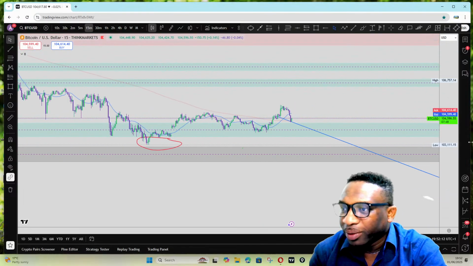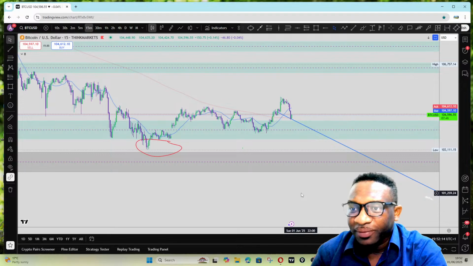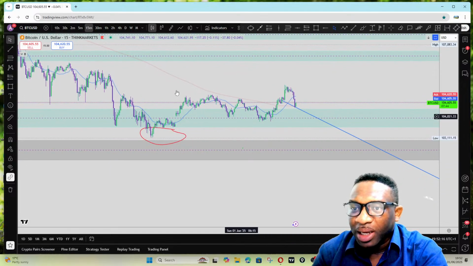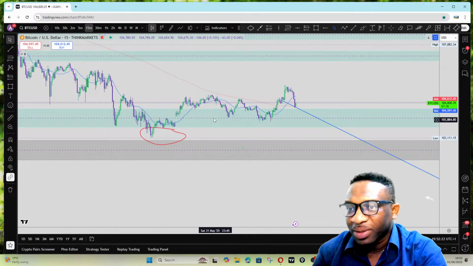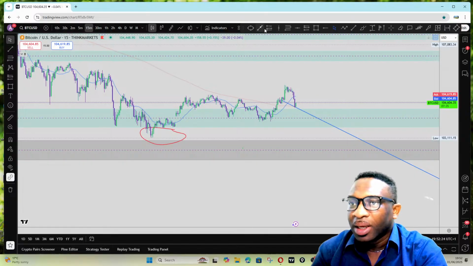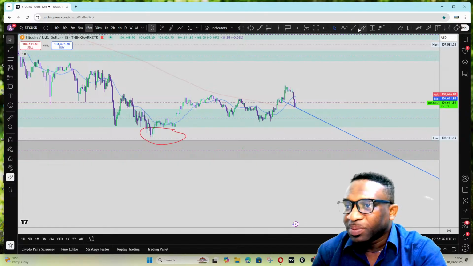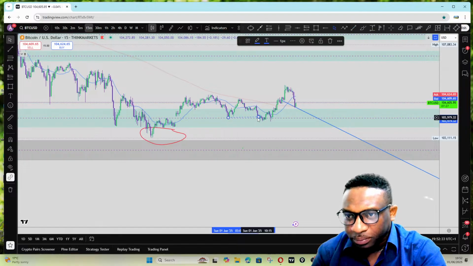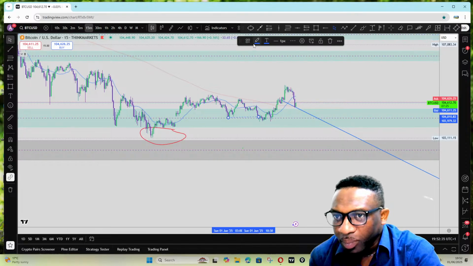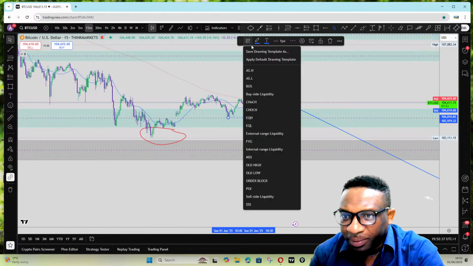So currently on the 15 minutes, price is holding in this area of the higher time frame imbalance area. So let's see if we can spot some movement. We have this break here, we have that break there.